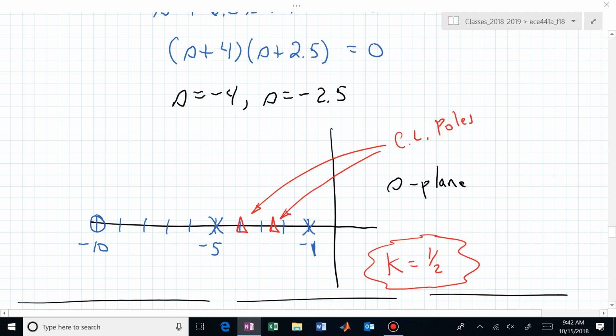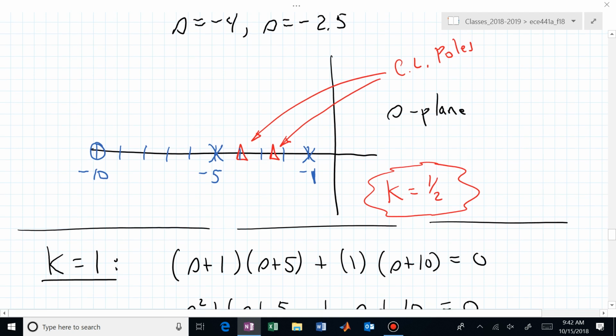We started at -1 and -5, and now with a k just of 1/2, if we turn this dial from 0 up to infinity, and we've only adjusted it up to 1/2, we've now moved those poles to -2.5 and -4.